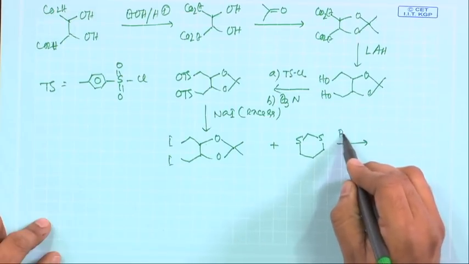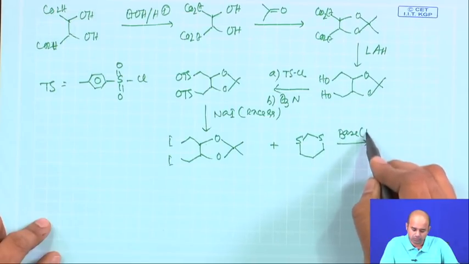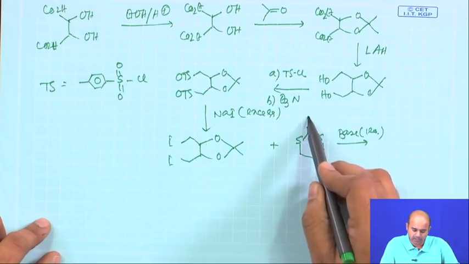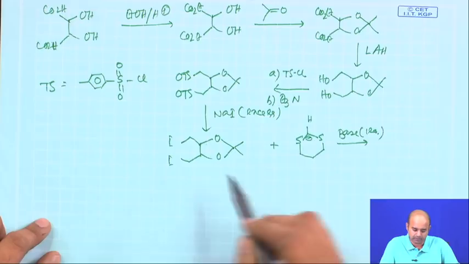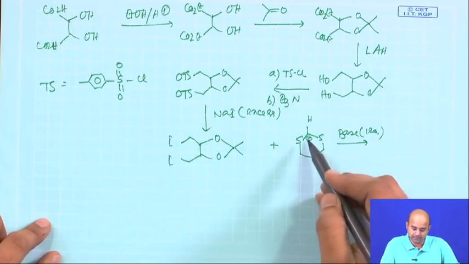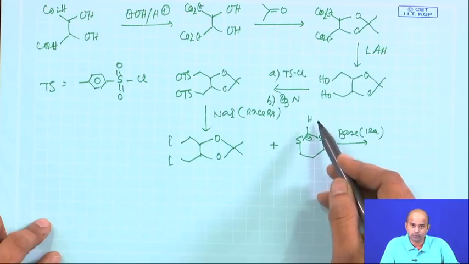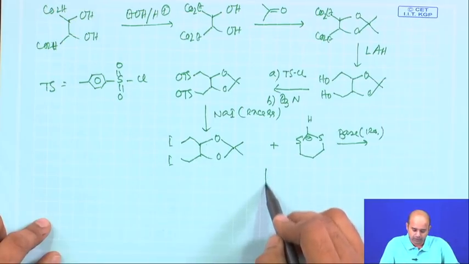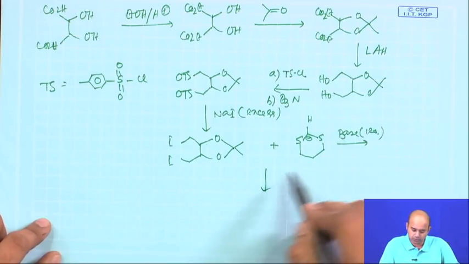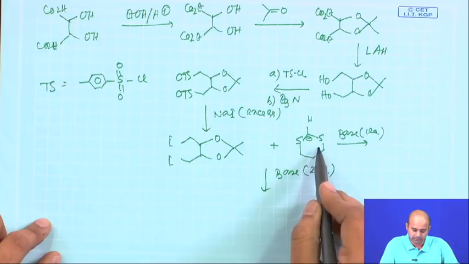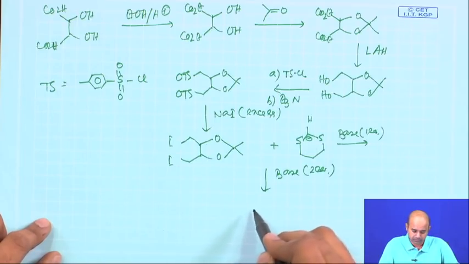Subject to base first, one equivalent, it will abstract one of the hydrogens here to give you a carbanion. Now, one of these iodo groups will attack here. Next step, you will replace another hydrogen by another equivalent of base, and react with the other iodo. So, finally, if you treat with 2 equivalents of base, as I said, and treat these things with this iodo, what will you get?